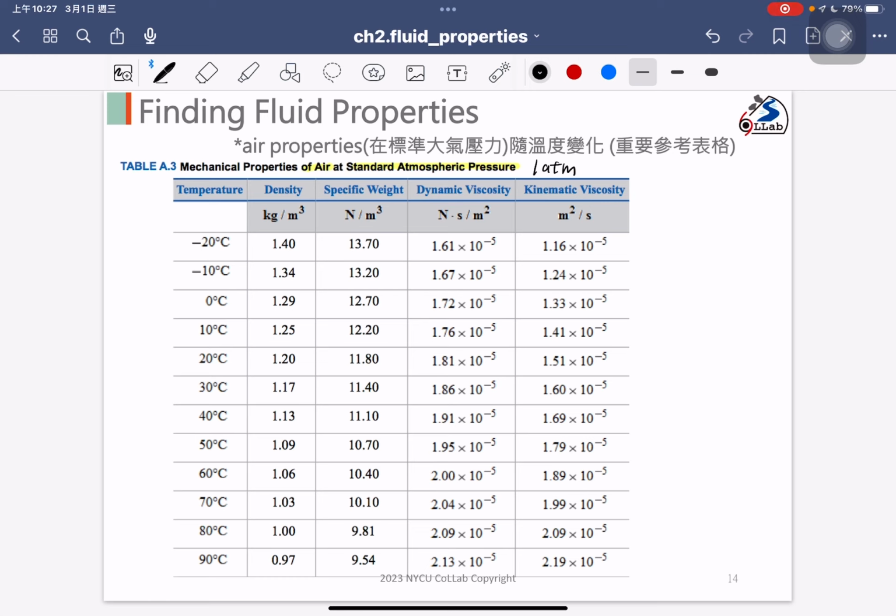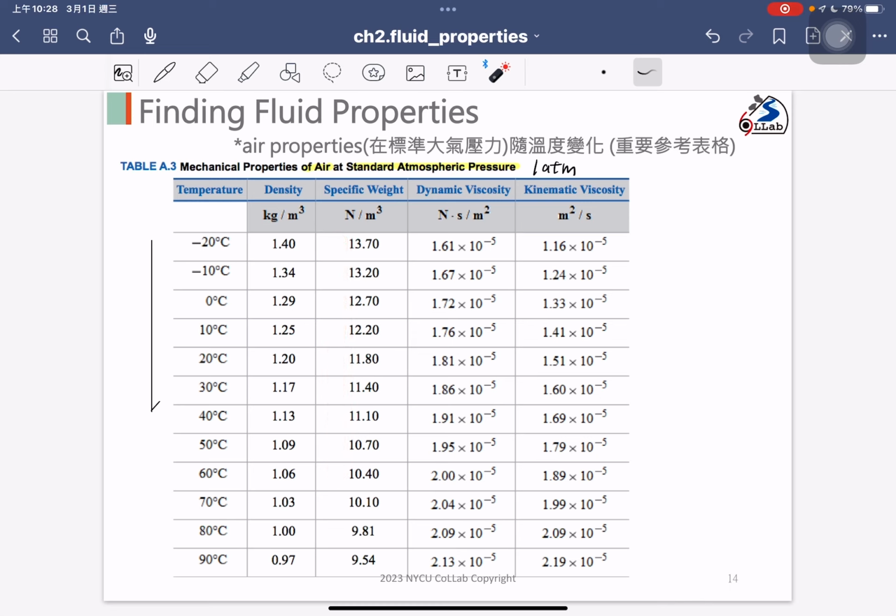You see here the temperature is in an increasing pattern, right? So we can see how the physical properties respond when the temperature increases. Again, for the density, when the temperature increases, we see the density decrease, right? And a similar pattern for the specific weight, which also decreases when the temperature increases.